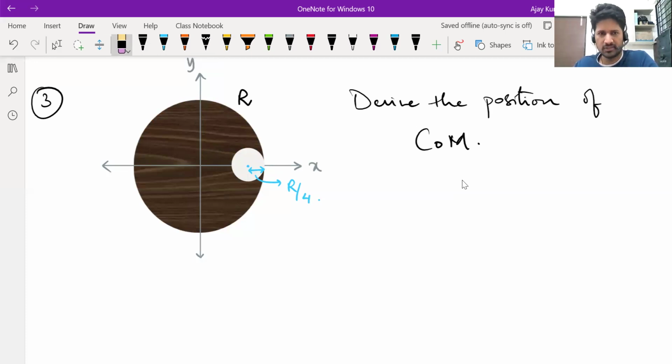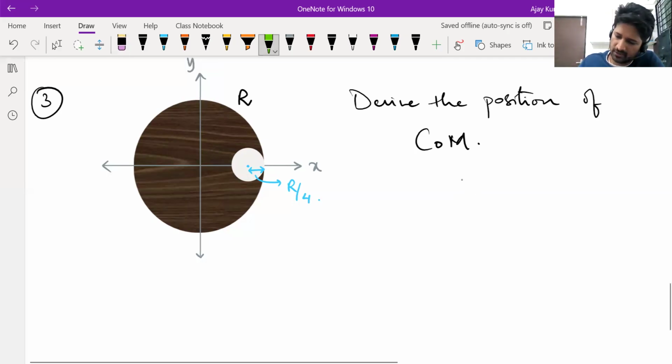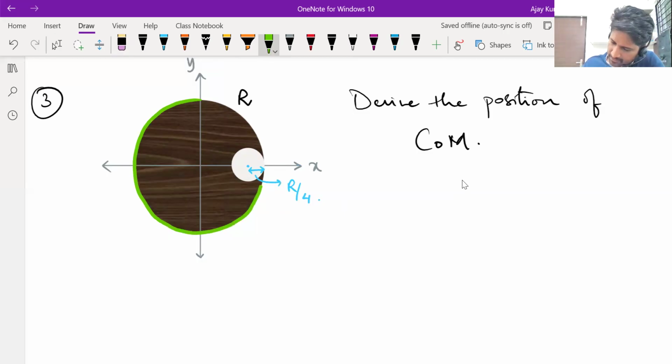So we'll treat it as a full circle of positive mass and a small circle of a proportionate amount of negative mass. Okay, so I'll mark the full circle in green. So we'll have to assume there is this much positive mass present. Can one of you quickly tell me where is the center of mass of this positive mass?